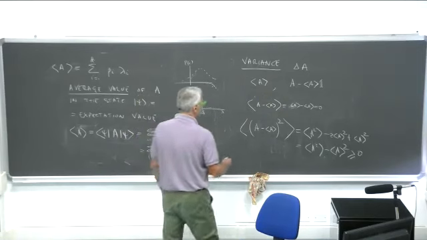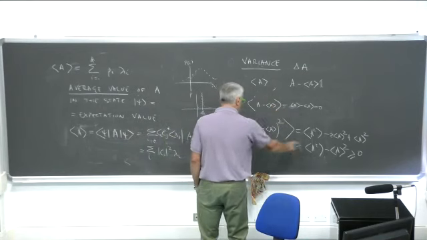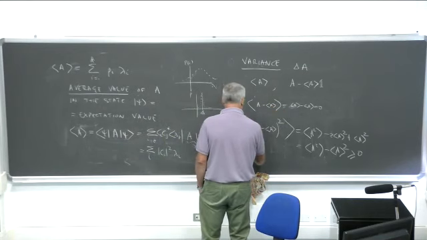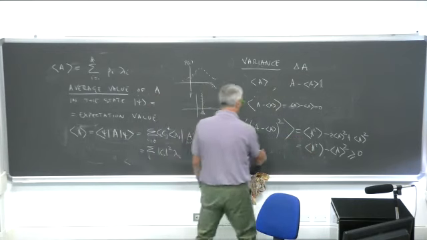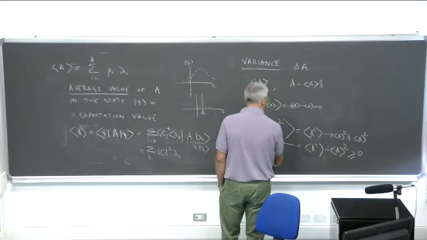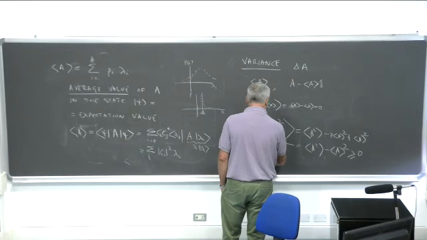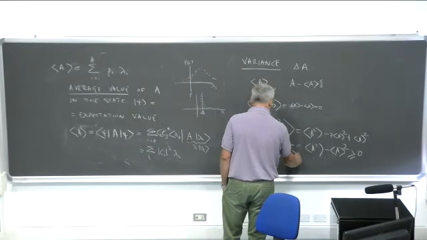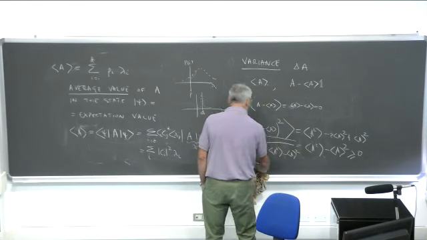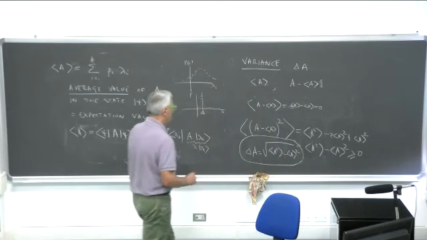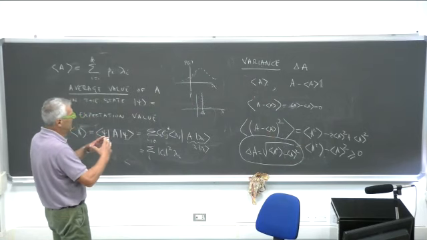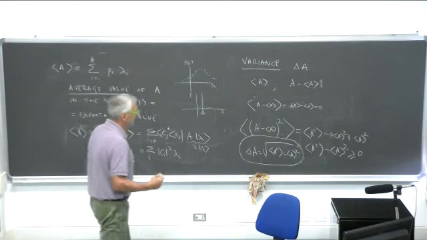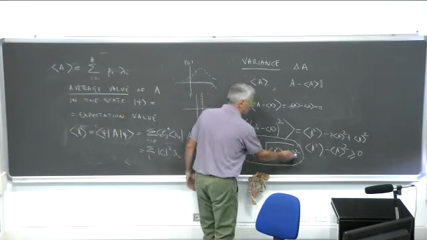So delta A is defined to be the square root of this. Because this is a non-negative real number, you can take the square root. And this is what is called the variance. What is the meaning of this? This is how much the distribution is spread around the expectation value.